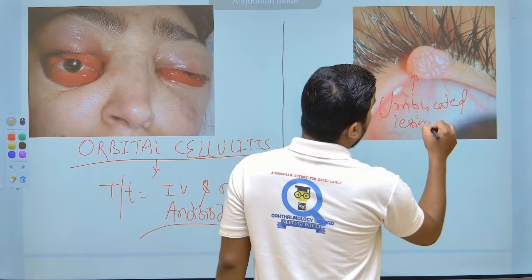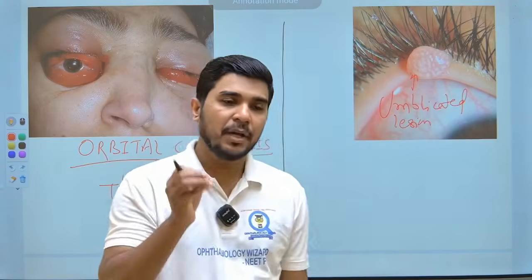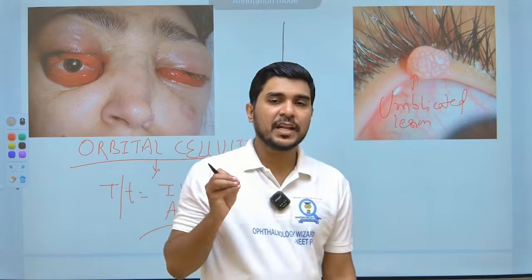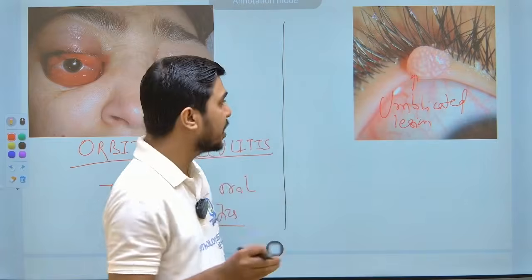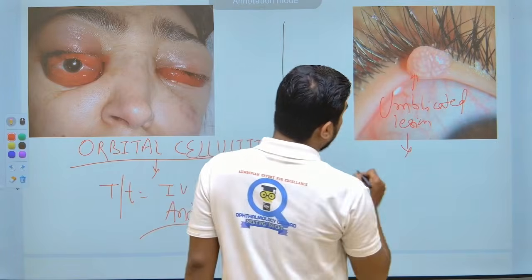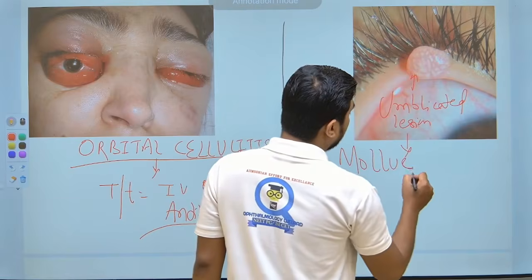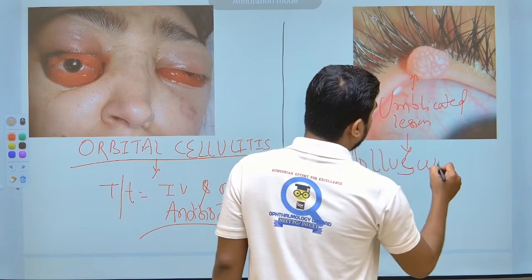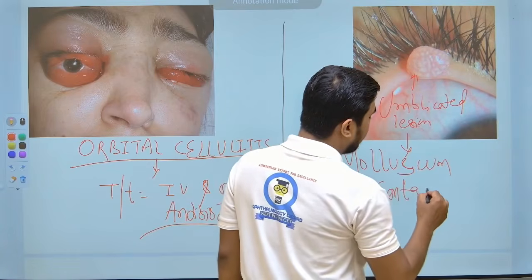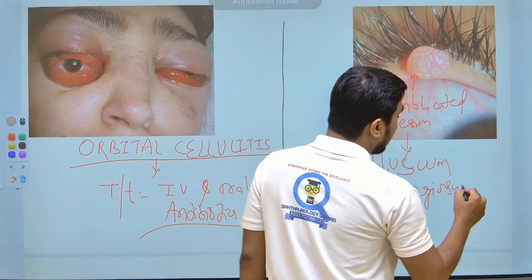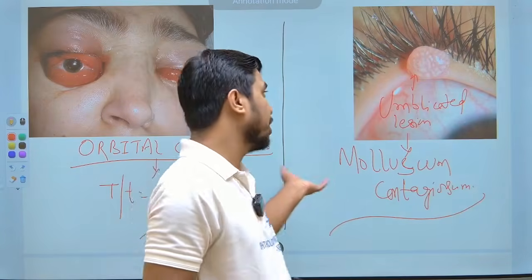So if you have read in microbiology some virus which can cause umbilicated lesions, or also in dermatology you have seen. So this is nothing but caused by the molluscum contagiosum. So this is found because of the organism called molluscum contagiosum. Understood?